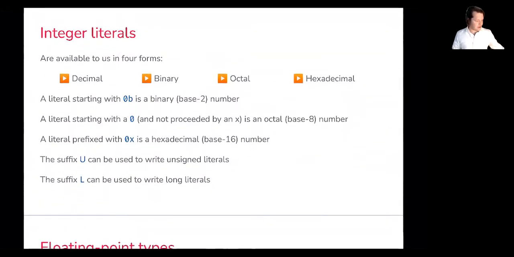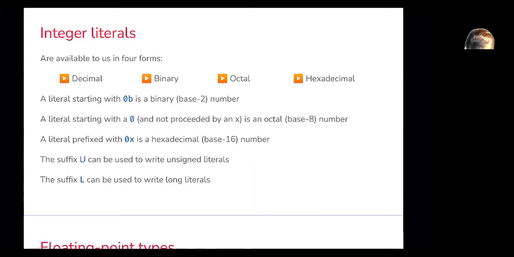Now the integer literals, they get a little more fun because there's a couple more things to them than just the sequence of digits that we talked about before. They're essentially available to us in 4 forms: decimal form, binary form, octal form, and hexadecimal form. A literal string with 0b prefixed is going to be a binary number, so a base 2 number.